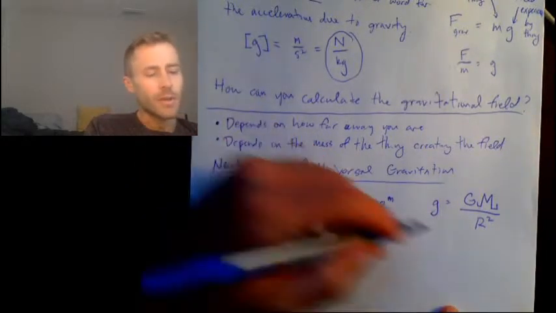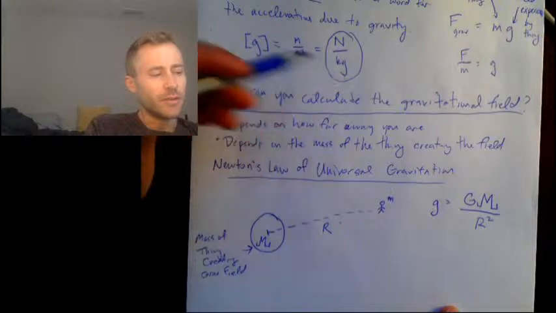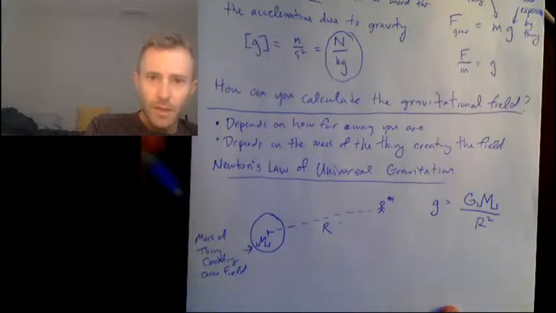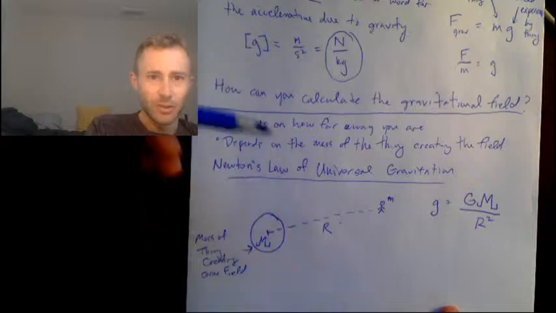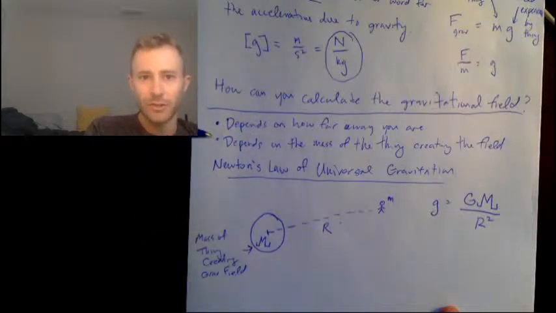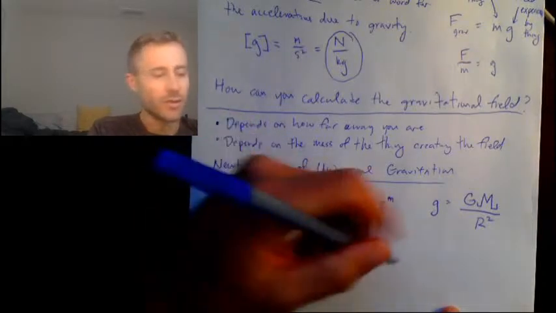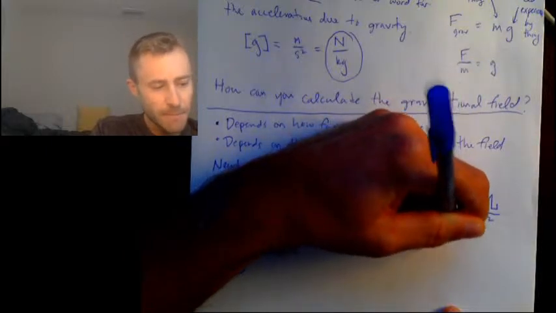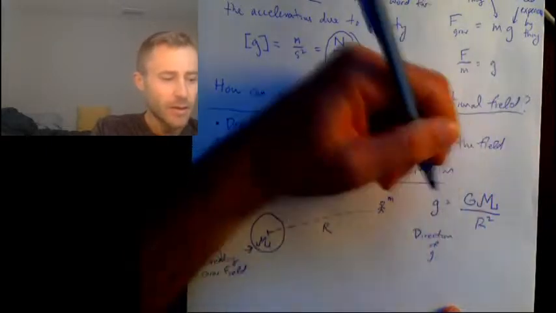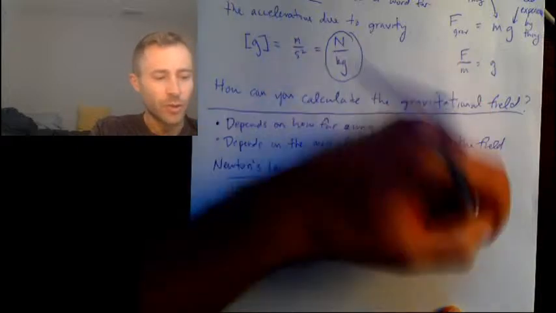Now, keep in mind that the gravitational field is the acceleration due to gravity, and acceleration has a direction. So what is the direction of g? It is towards the center.